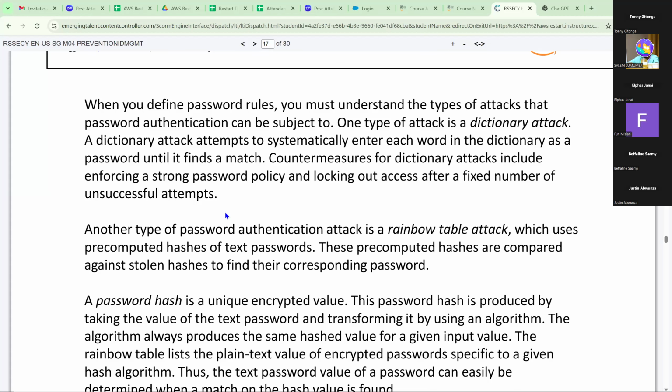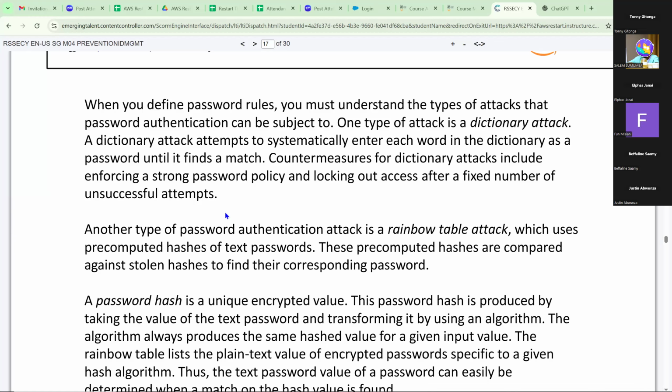That dictionary is written by the attacker. It's not the normal dictionary we know that goes A, AB, ABB, blah, blah, blah. No, there are words that the attacker defines. So that's the dictionary.